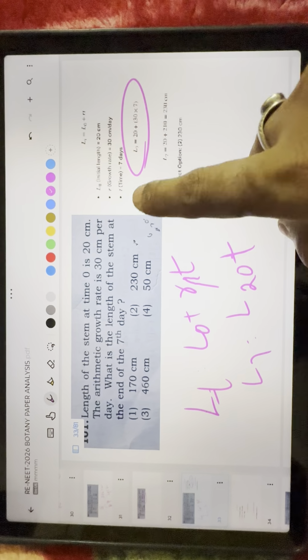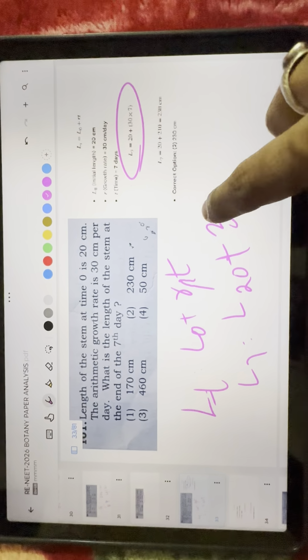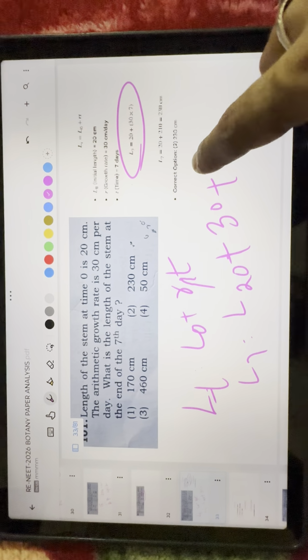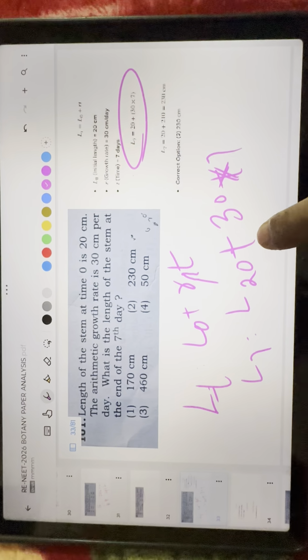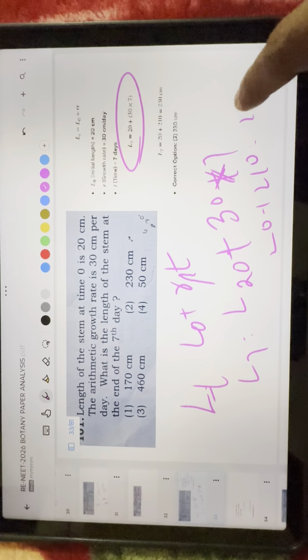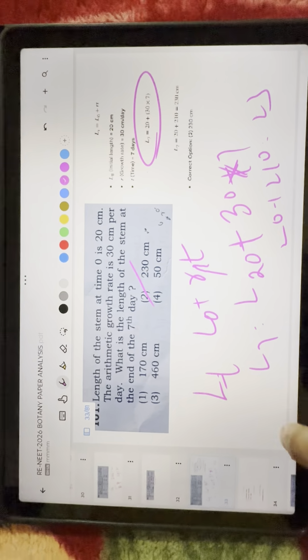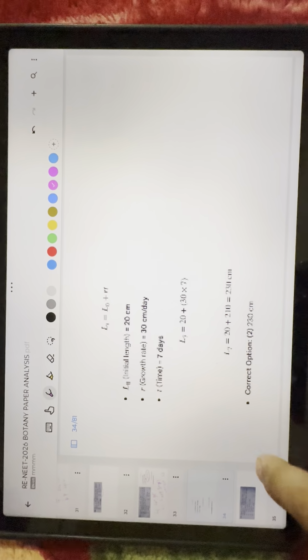And r is nothing but growth rate 30 centimeters plus time also is given 7. So here 30 into 7, you are going to get 210, 20 plus 210 is equal to 230. So answer will be the 230. And here it is clearly given, see the calculations part.